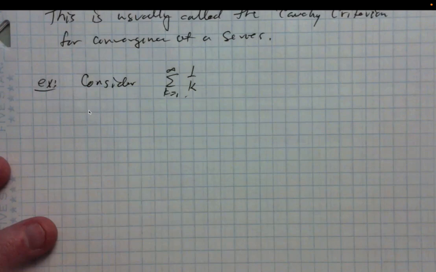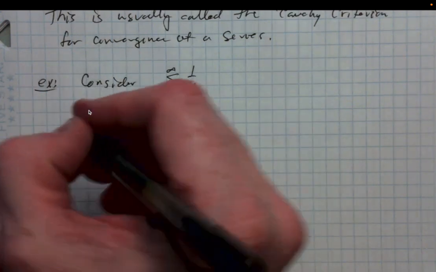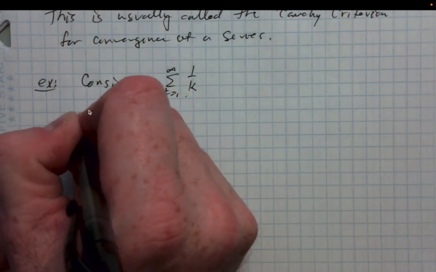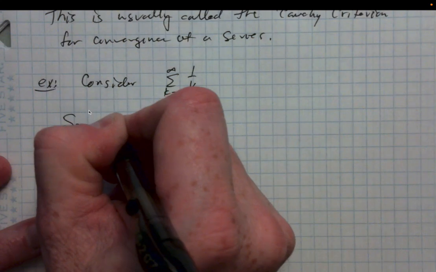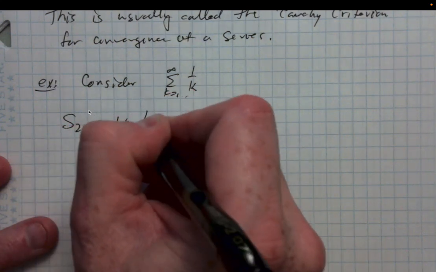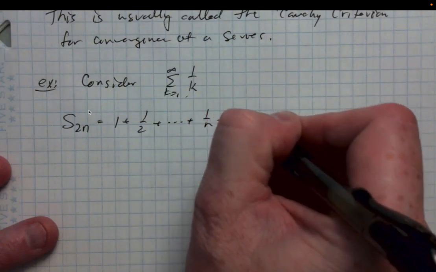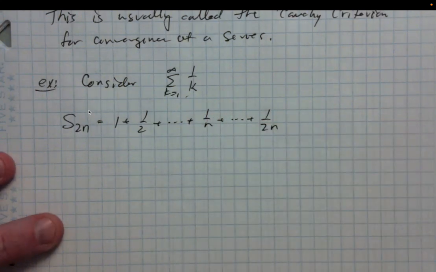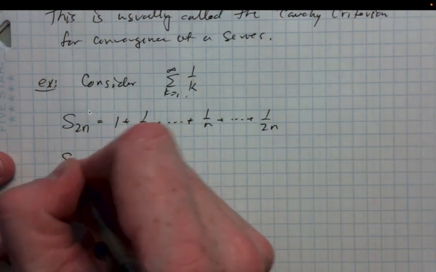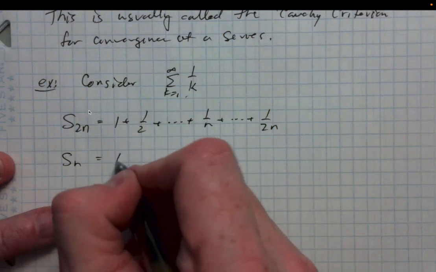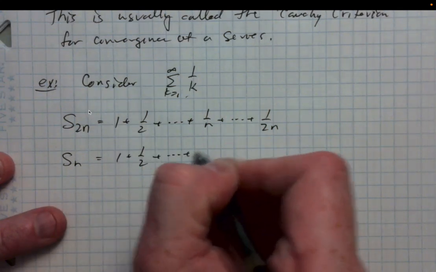So consider two partial sums. We've got s of 2n, which would be 1 plus 1 half plus dot dot dot plus 1 over n plus dot dot dot plus 1 over 2n. And then we've also got s sub n, which is just this piece, 1 plus 1 half plus dot dot dot plus 1 over n.